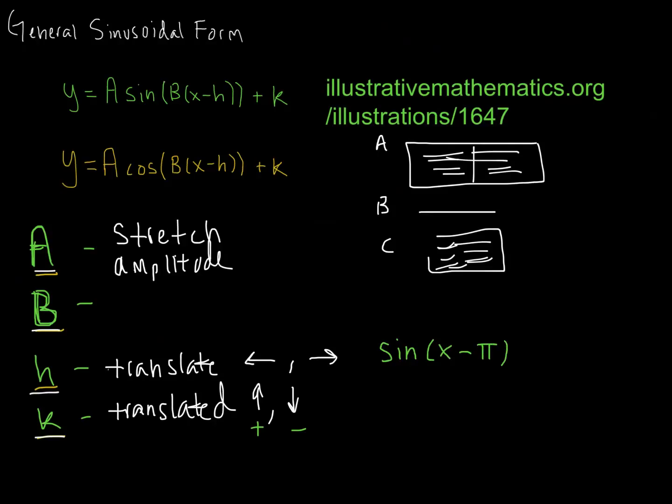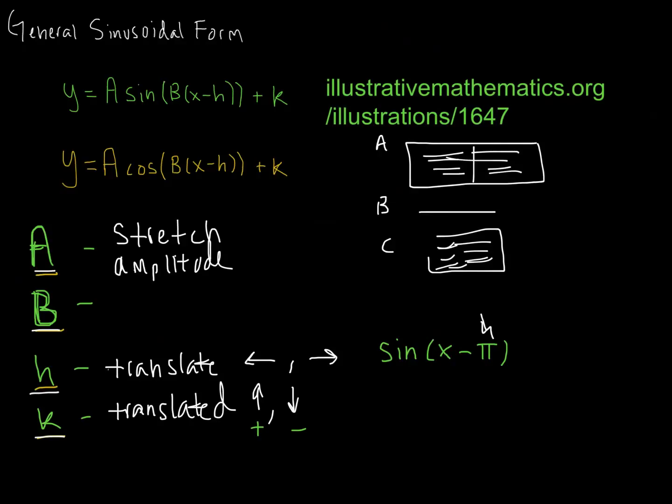In this case, our h value would be positive pi. Think about what that does to your function. In order for you to get sine of 0 in here, what does x have to be? Well, in order to have sine of 0, x will have to be pi.